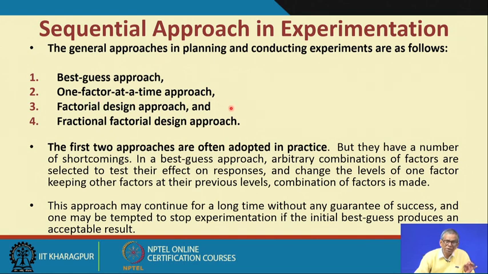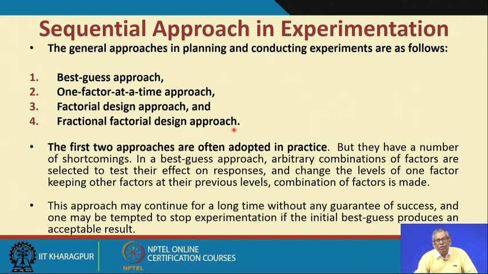This is followed everywhere, but it violates certain principles. Later on we will discuss the factorial design approach. Particularly in manufacturing situations for product development, we apply this technique, and there is also a fractional factorial design approach we apply.